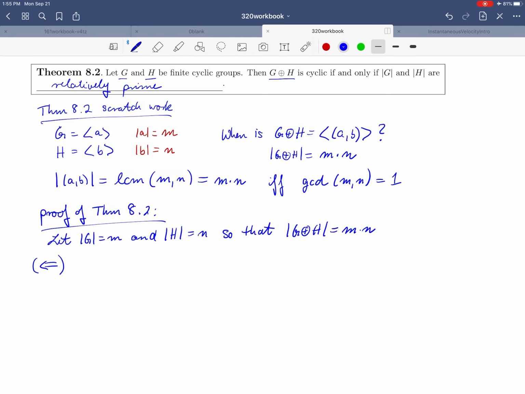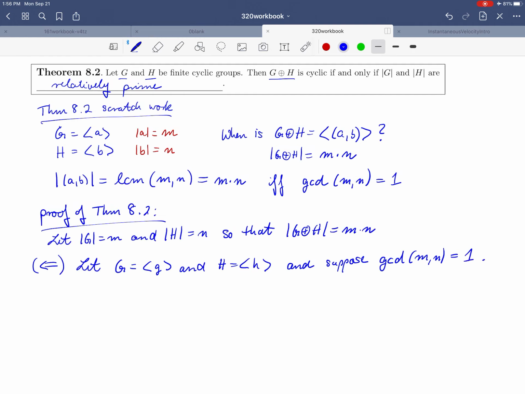So here we have that G is generated by something. Let G be generated by, let's say, g, and H be generated by a little h. And we are supposing that the orders of G and H are relatively prime. So let's write that down and suppose that the GCD of M and N is equal to 1.